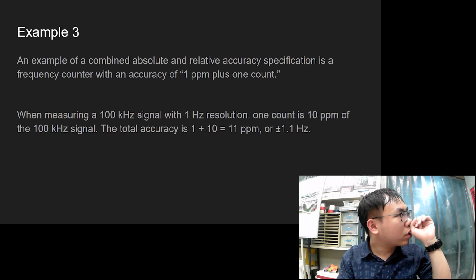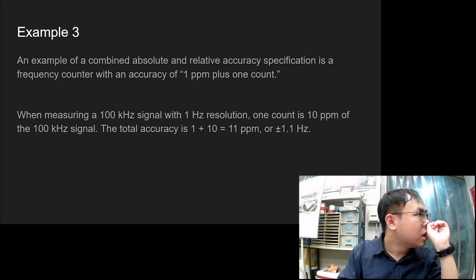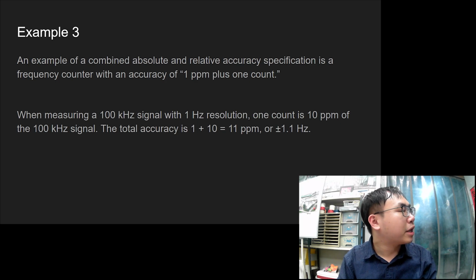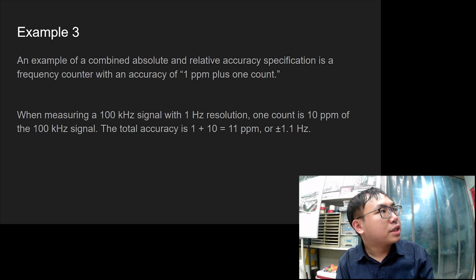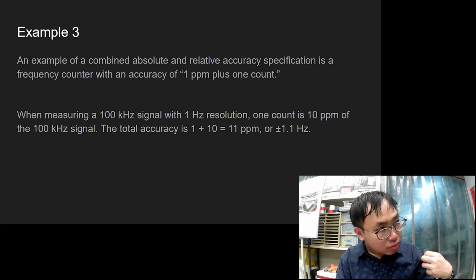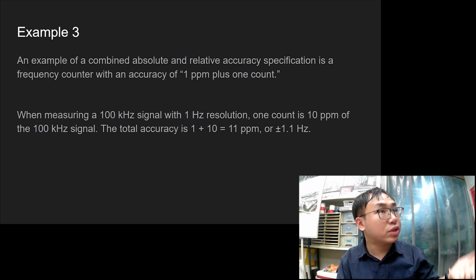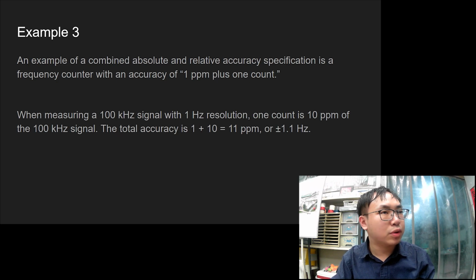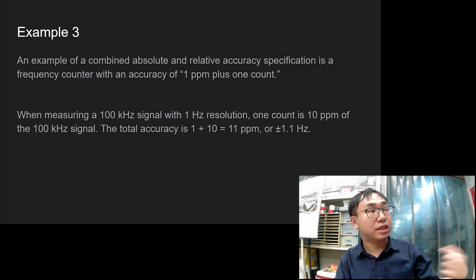But what I'd like to tell you is this description may not appear in your exam, but the concept of ppm is commonly used in frequency measurement, because for frequency measurement, all the frequencies have very huge numbers, like kilohertz or megahertz. So often they use ppm to define their accuracy.